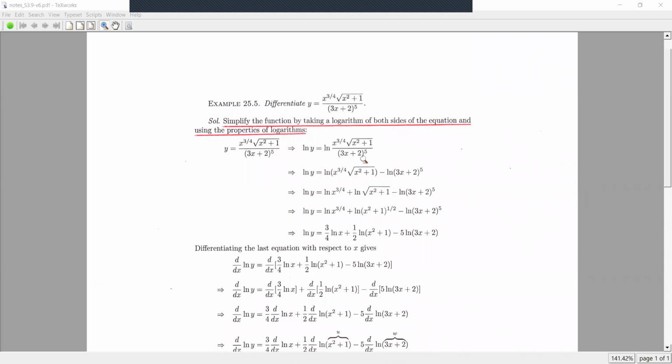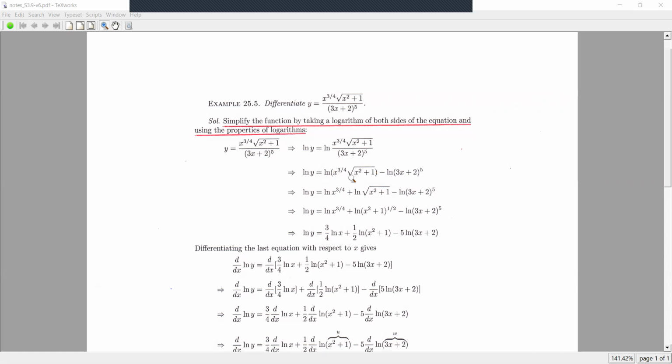By the properties of logarithms, the natural log of a quotient is the natural log of the top minus the natural log of the bottom. The top is a product, this function times this function.